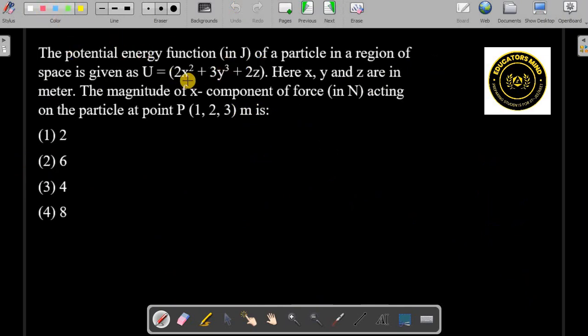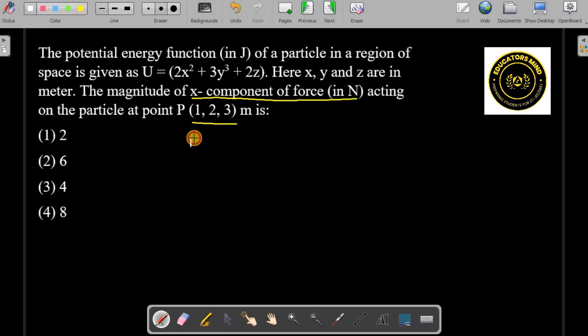Next question, potential energy is given as a function of x, y, z, and x, y, z are in meters, right? These are positions. Now they are asking us to calculate the magnitude of the x component of force acting at a point. So what we need to do here is consider differentiation, right?